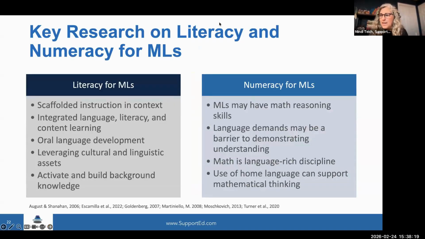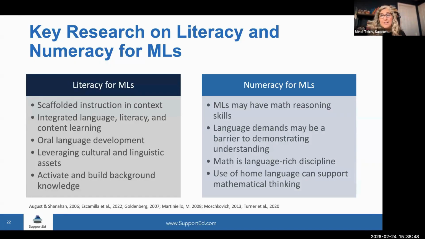So before we move on, I also just wanted to remind everybody, this is the research that we looked at in our first session around best practices or considerations, things we might want to keep in mind when we're thinking about instruction in literacy or numeracy for multilingual learners. So connecting to this idea of scaffolding, they will need scaffolded instruction. We want to make sure we're developing oral language skills, leveraging cultural and linguistic assets.